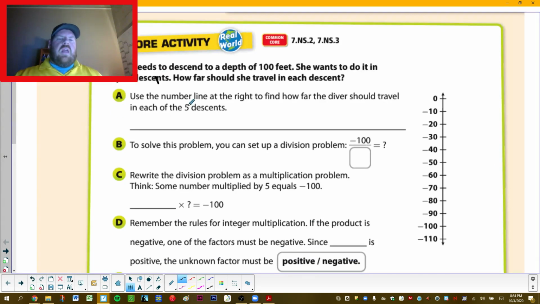Starting at the surface, we want to get to 100 feet below sea level. So how are we going to do that in 5 equal descents?